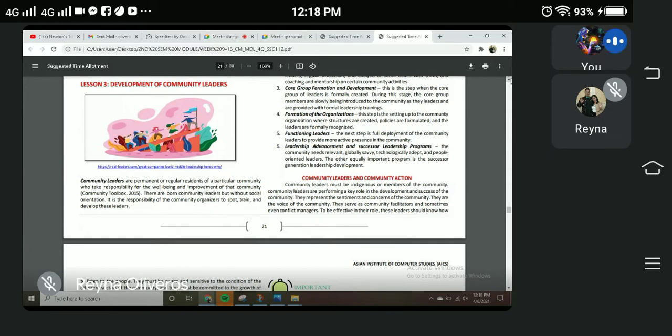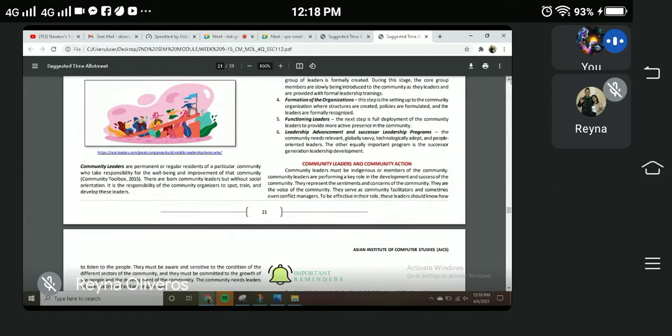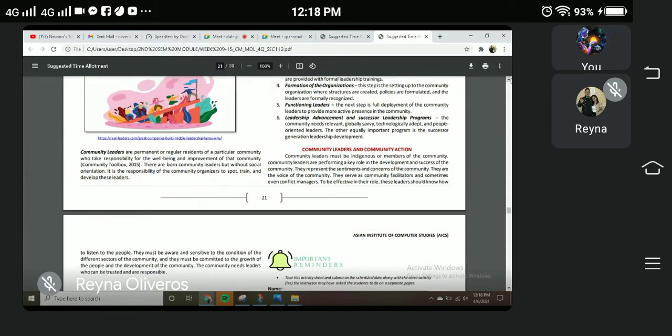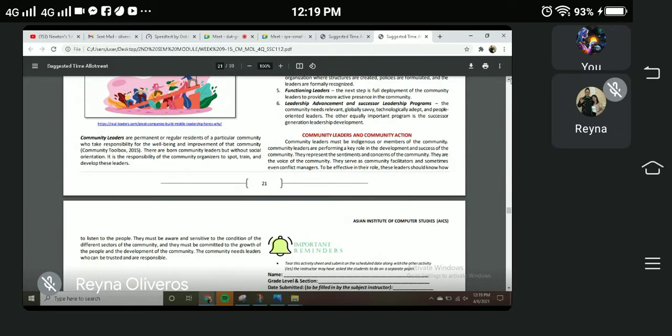To be effective in their role, these leaders should know how to listen to the people, and they must be aware and sensitive when it comes to the different conditions of different sectors in their community, and they must be committed to the growth of the people and development in a community. So the community needs leaders who can be trusted and responsible.